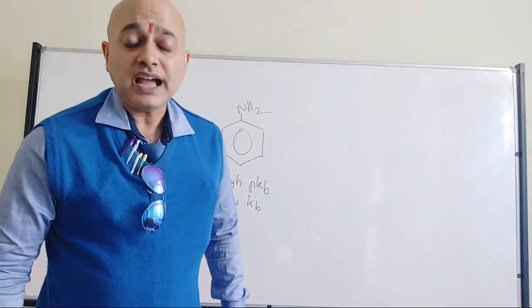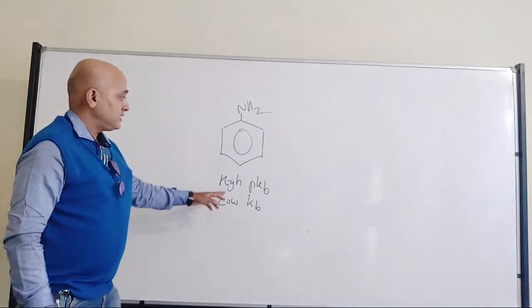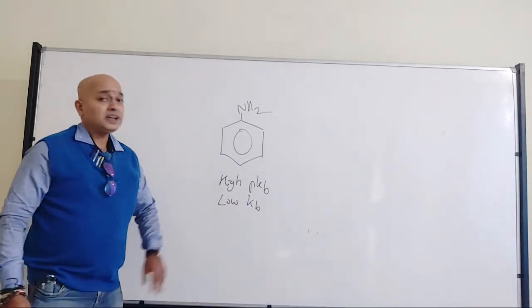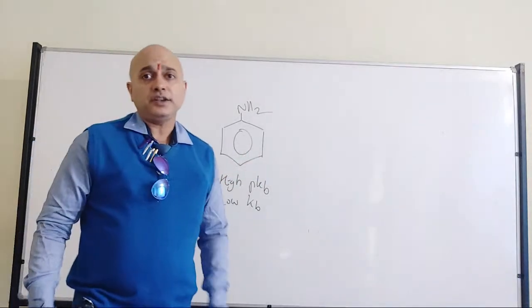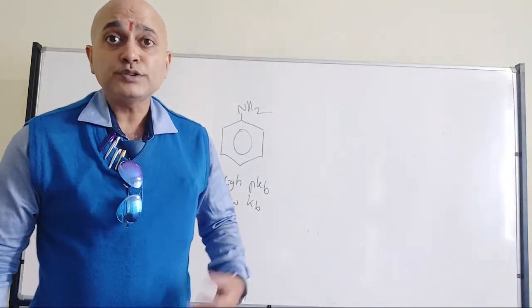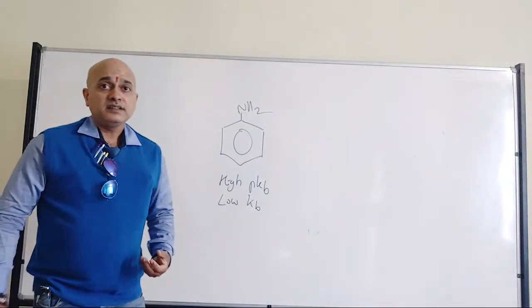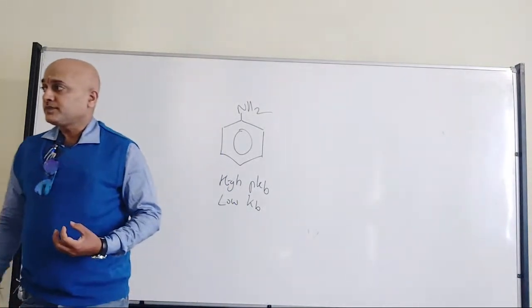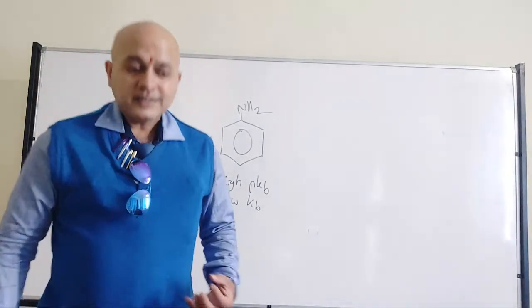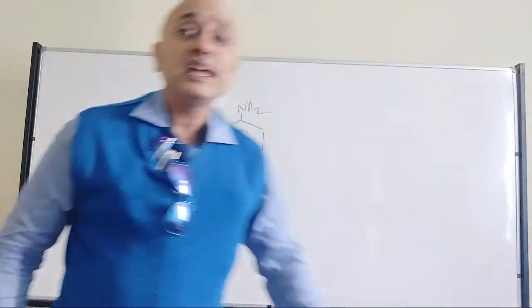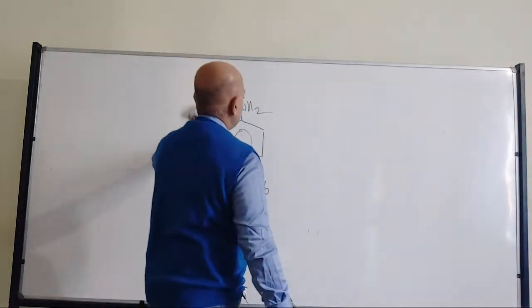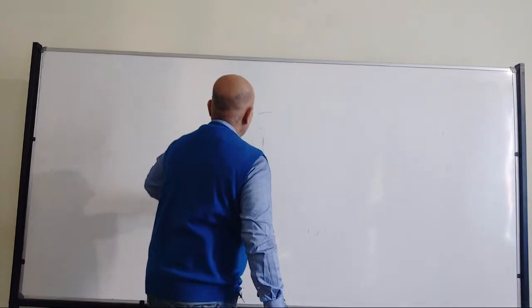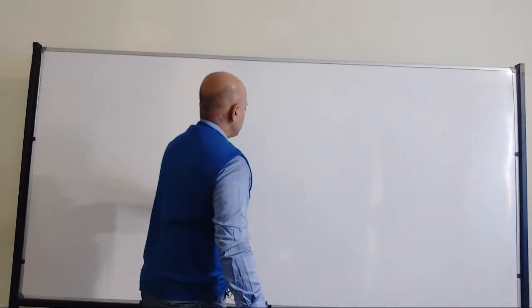Aryl amines will have a high pKb value or low Kb value. Even ammonia will dominate over aniline when it comes to Lewis base character. Now what is the reason? That is due to the resonance effect, positive resonance.